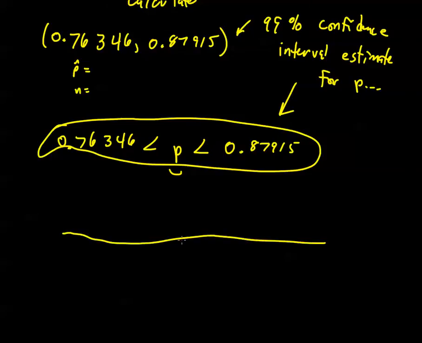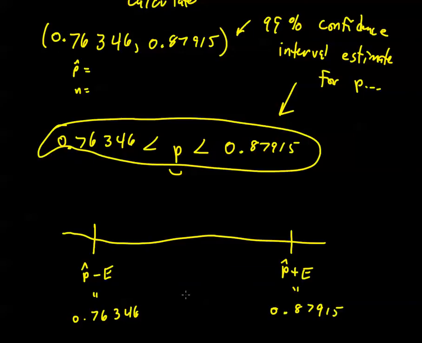And again, a graphic representation. P hat minus e in this example is 0.76346. P hat plus e, our upper bound for this interval, is 0.87915.